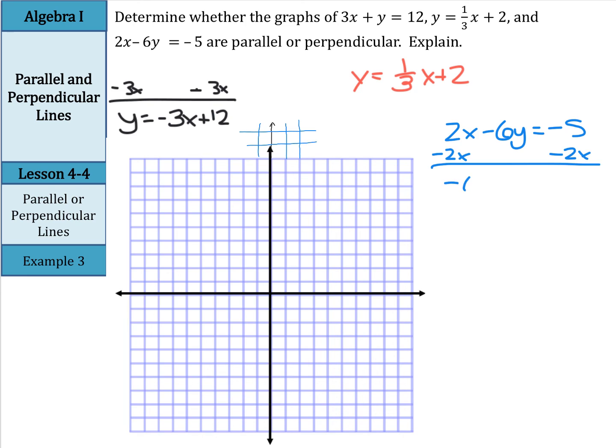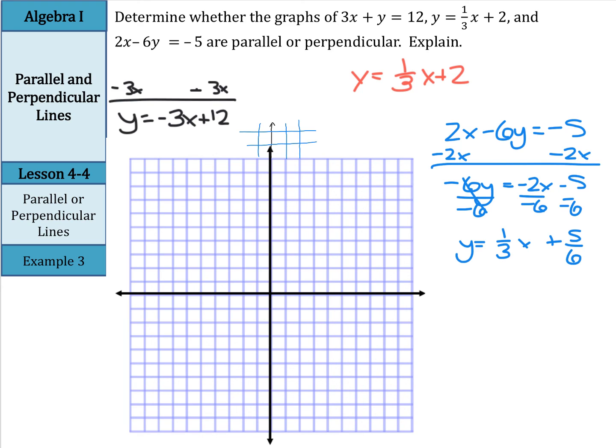We have negative 6y equals negative 2x minus 5. Then divide everything by negative 6. We're left with y equals negative 2 divided by negative 6, which is just 1/3 x. And then negative 5 divided by negative 6, might as well call that a positive 5/6.